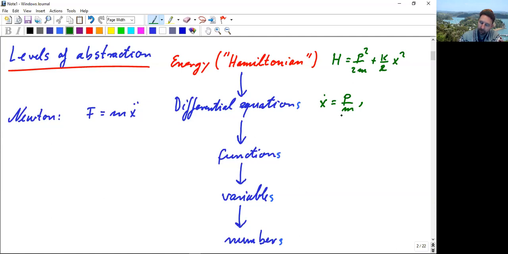And another differential equation, namely that p dot is equal to minus k x. So you see the challenge that Hamilton faced here is to invent a procedure that would get you from the Hamiltonian to this bunch of differential equations.